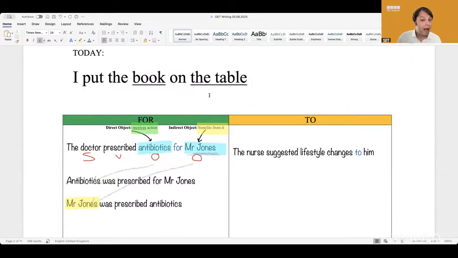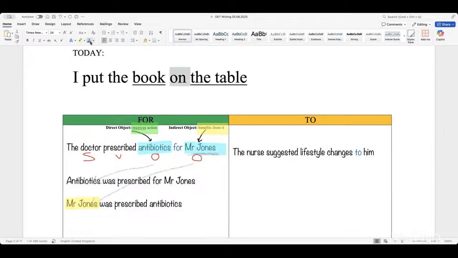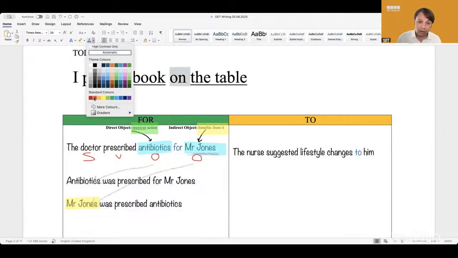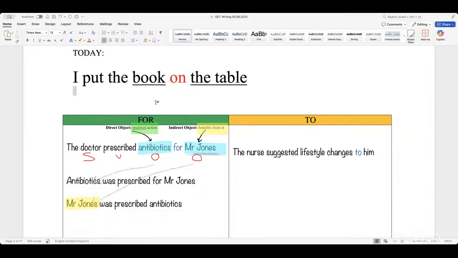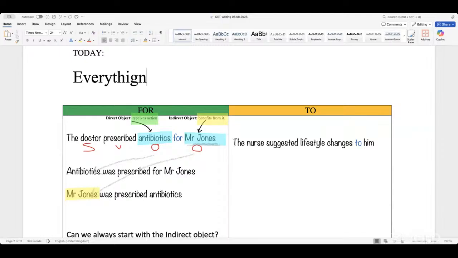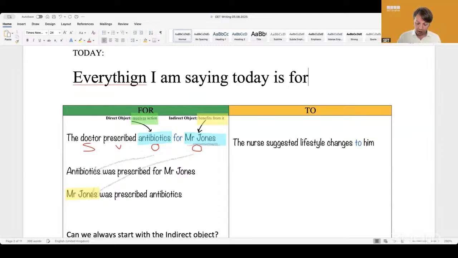Is this direct and indirect objects? No. Cool, because we're using "on." Does that make sense, everyone? Everything I am saying today is for "to" or "for," like this. I'm not talking about "on" or "in," other prepositions. Everything is for these prepositions.